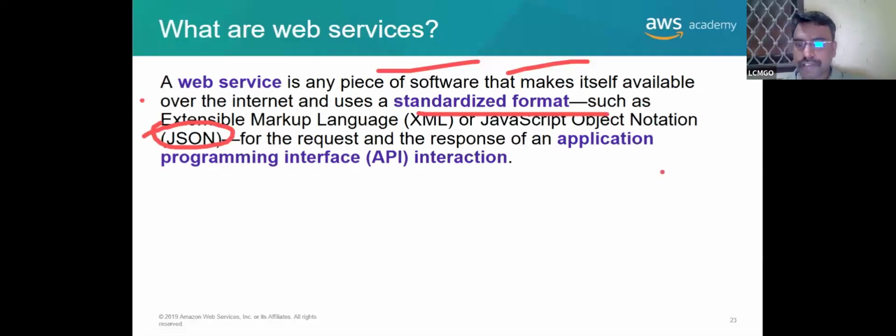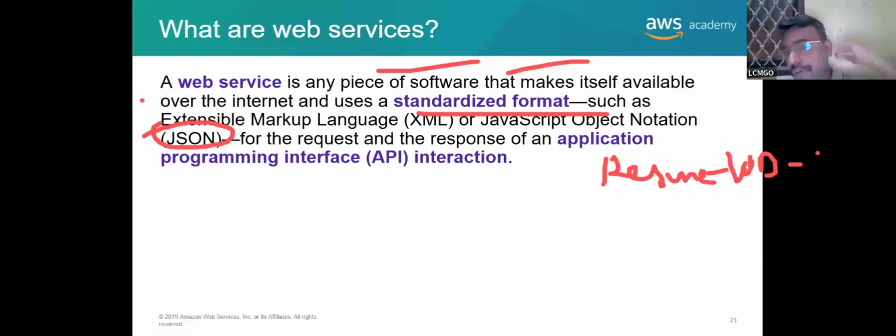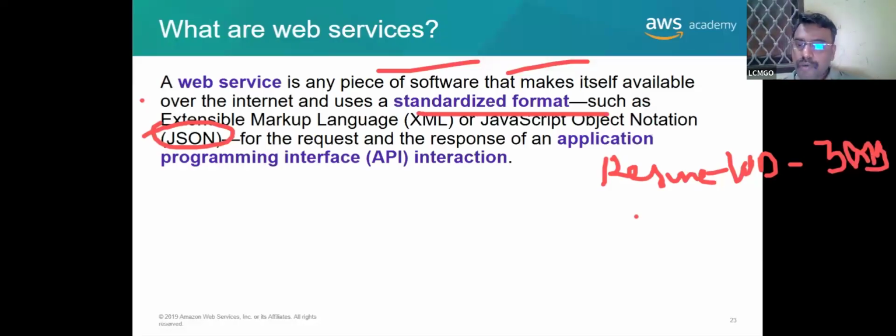For example, why JSON format? Let us take your resume in Word document format. What will be the size of your Word document? Maybe in MB, maximum like 3 MB. Now, if you copy the same content into a notepad, what will be the size? Maybe around 950 KB to 1 MB.